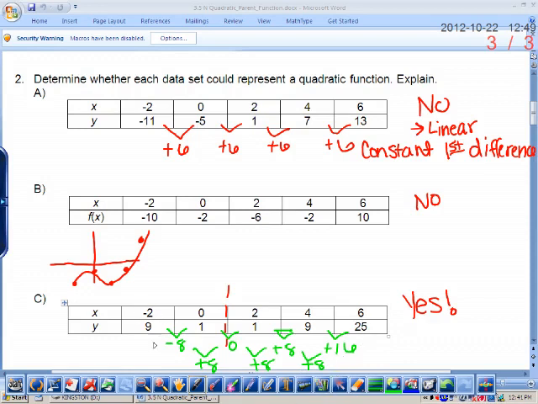Because you're going from 9 to 1, which is negative 8. Okay, this is a constant second difference, which implies that it's quadratic. Okay?